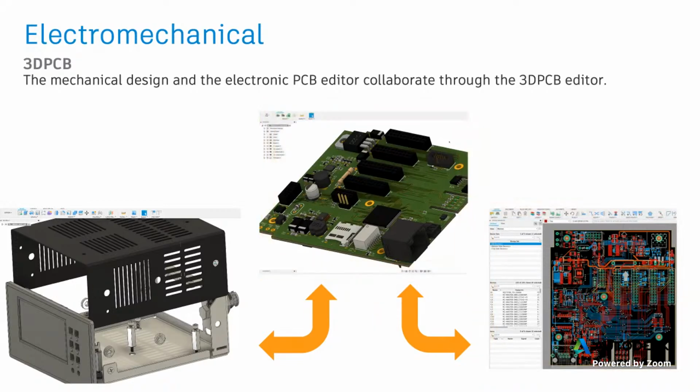Now, between the design workspace and the 3D PCB, there's also a really nice workflow. Notice that by placing the circuit board inside the 3D PCB, I could insert the 3D PCB into my design workspace.